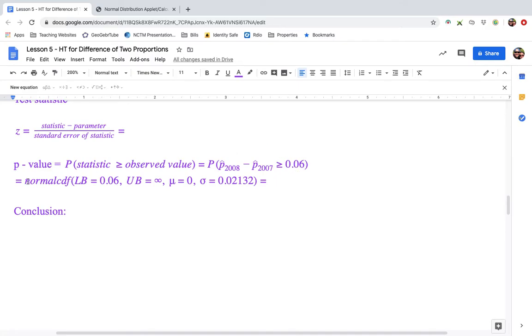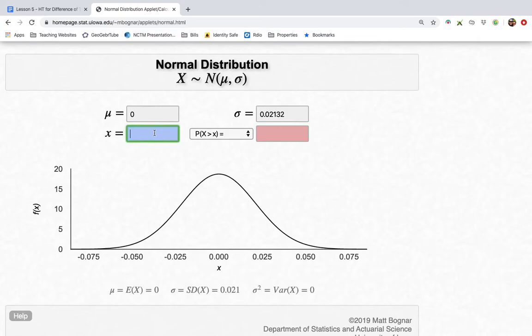So we want to find the probability that this difference is at least 0.06 using the normal distribution that we established. And that is normal CDF, lower bound, upper bound. The expected difference is 0. The standard deviation is that. I'm going to use this to do it because you guys know how to use your normal CDF. I put up here 0.06, calculate the probability bigger than that, and I get 0.00244.